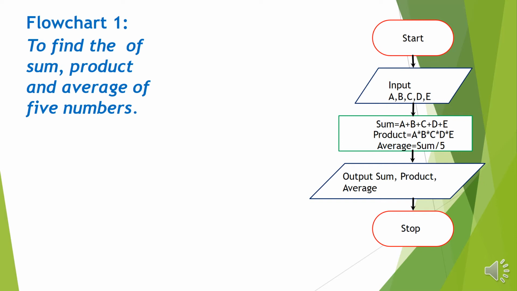That's why we take the variables A, B, C, D and E. Then we will do the calculations, which are very simple, as we simply have to find the addition, multiplication, and average of five numbers.